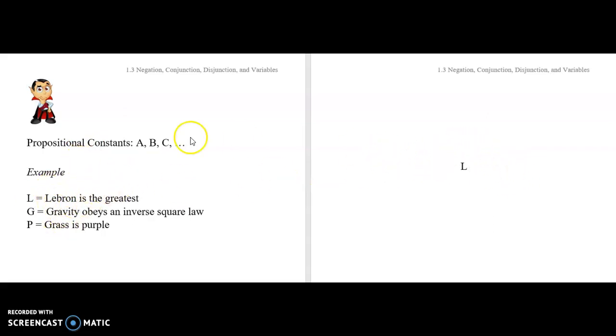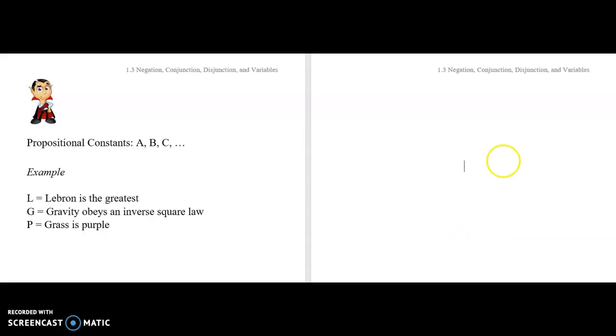And the idea is that they're constant in the sense that once you assign the meaning, whenever you see L for the rest of time, it will always stand for that particular proposition, that LeBron is the greatest. So they're kind of like pi in mathematics. They always stand for the same thing wherever you see them once it's been assigned. So G is going to stand for gravity obeys an inverse square law. So if you see this all by itself, it stands for gravity obeys an inverse square law.